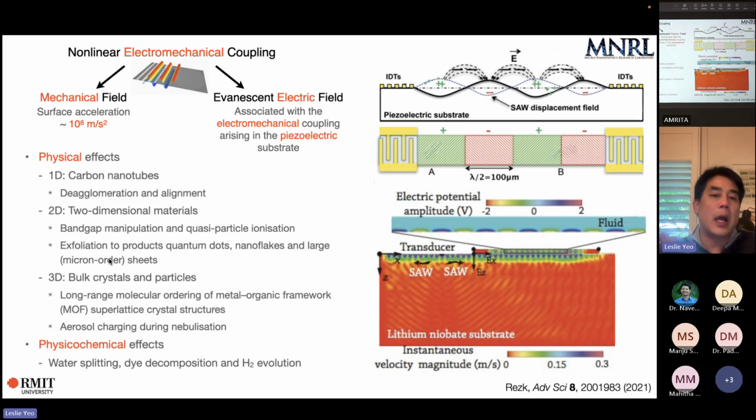We can do quasi-particle ionization. We can exfoliate them, and that's part of the talk. And then with the crystallization of bulk materials like the MOFs, I would hope to have time to tell you about as well. Water splitting, I've briefly mentioned, and hydrogen evolution as well.